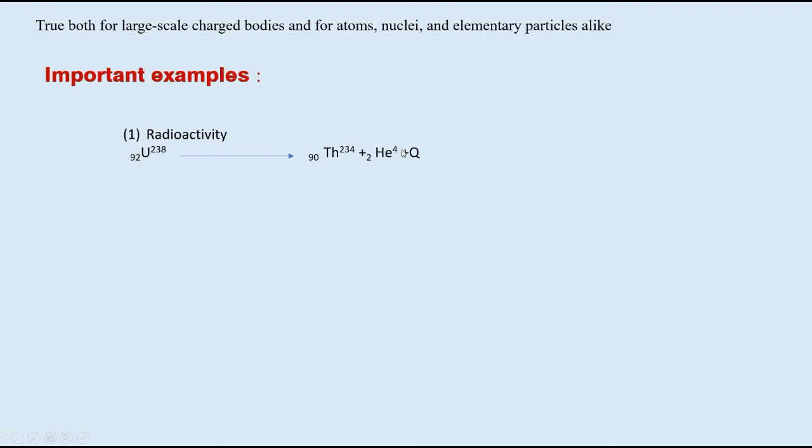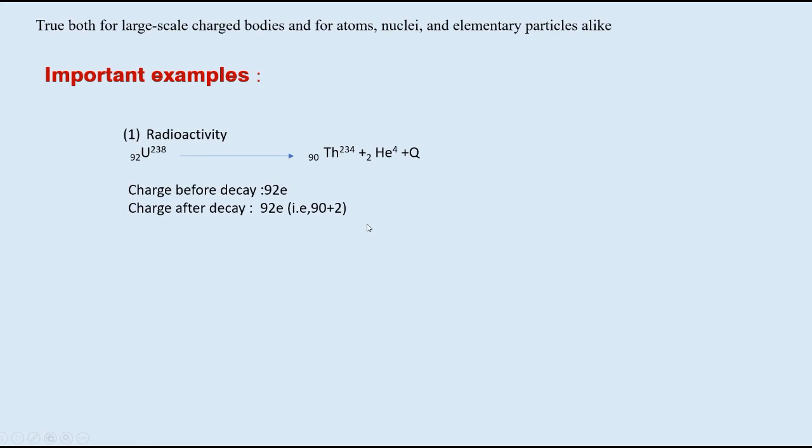Now this is in accordance with law of conservation of charge. How? Charge before decay, 92, in terms of the charge on the electron considered numerically, 92 times the charge on the electron. Of course, considering it to be positive. Here, 90 plus 2.